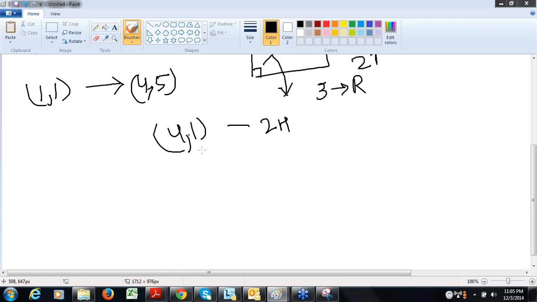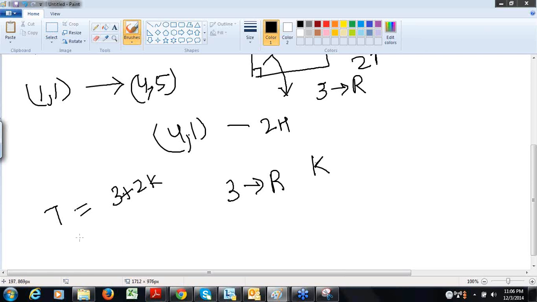So total number of steps will be what? 3 steps to the right and then k steps to the right or left and k more steps to the left or right. So total number of steps will be 3 plus 2k. So total number of tails will be 3 plus 2k.